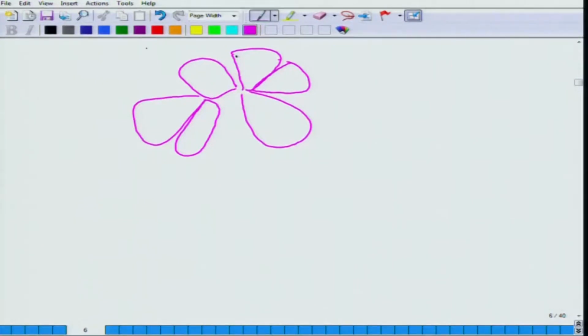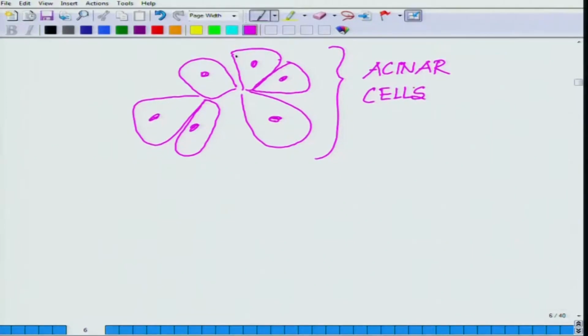So, this is where the primary saliva is formed, and these cells you see out here, with this pyramidal cell body, are called acinar cells. From these acinar cells there is a lining, a second set of cells present underneath, lining out here.